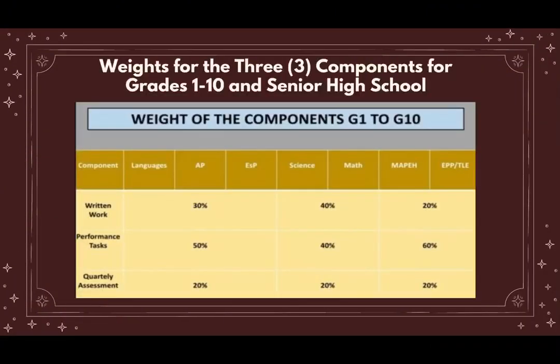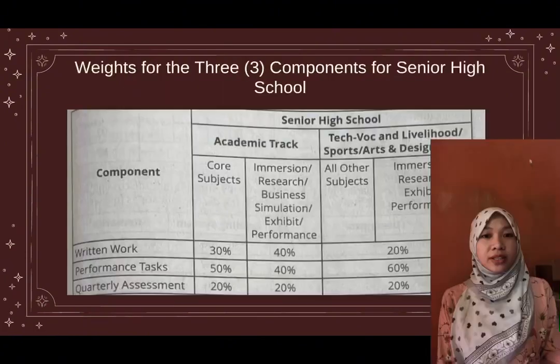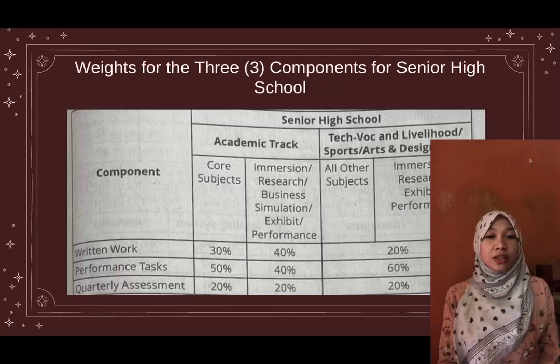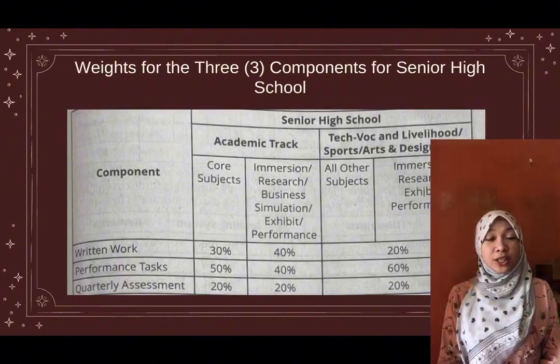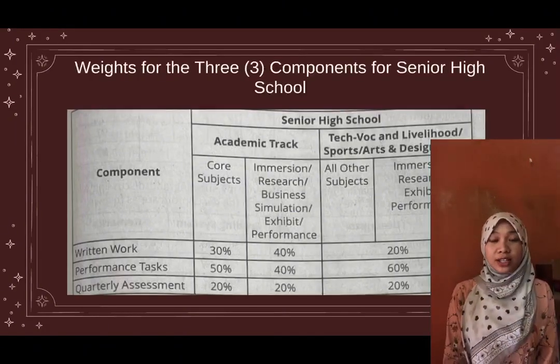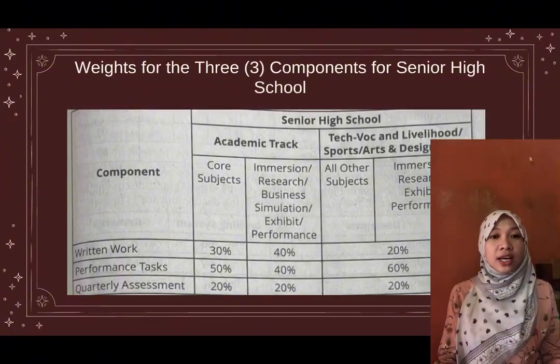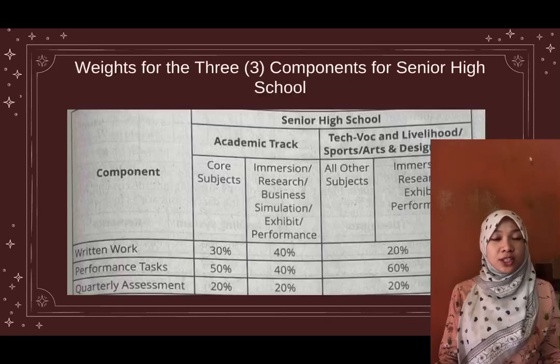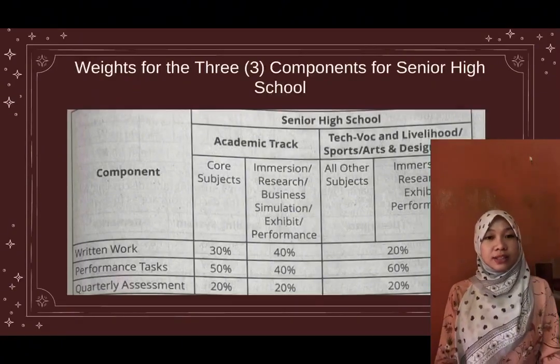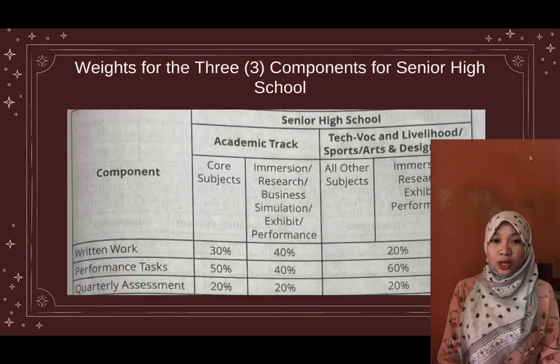Okay, so here's the weights for the 3 components for grade 1 to grade 10. Senior high school weights, the way grades are weighted changes a little for senior high school based on what you are studying, such as the core subjects or the technical vocational tracks.